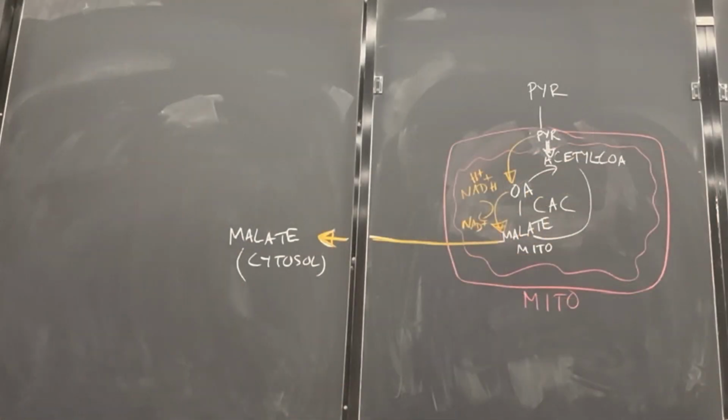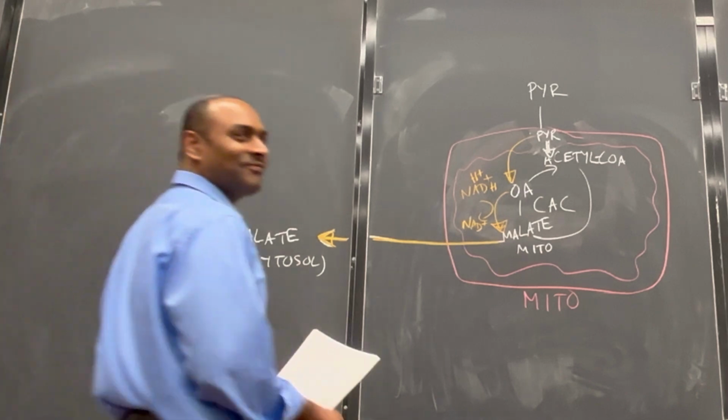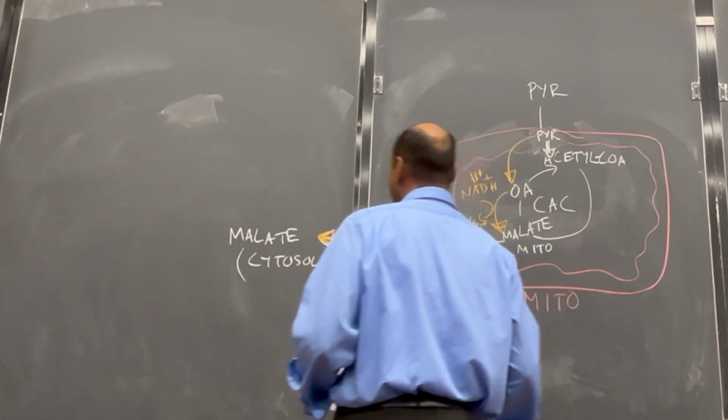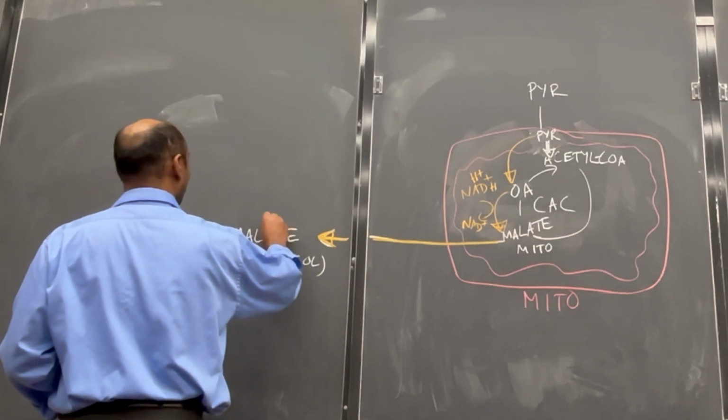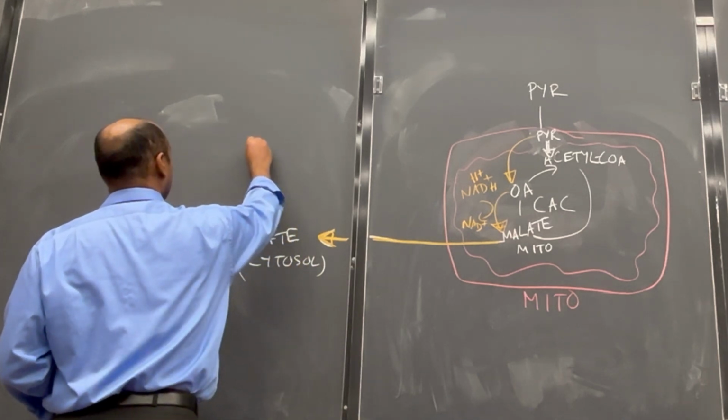But is malate part of gluconeogenesis? Is it? So what must happen to it? Go back to OA. Okay. So we are playing ping pong, right? So malate will go back to OA.